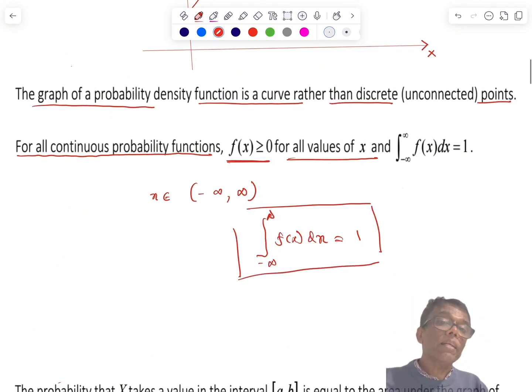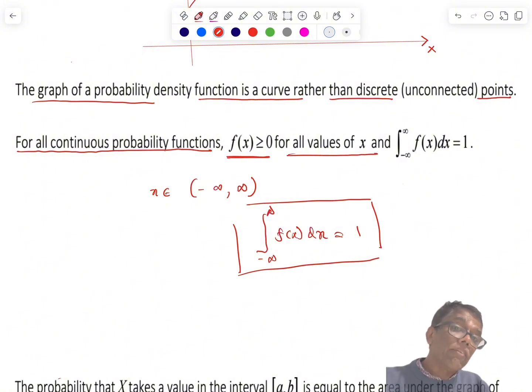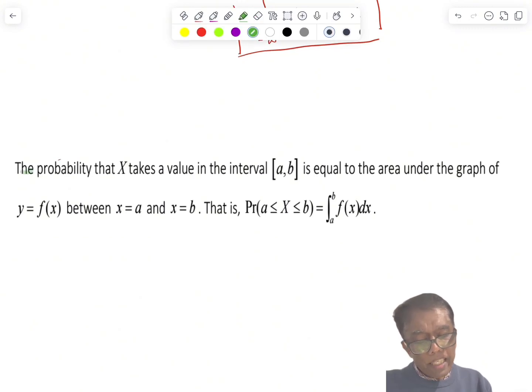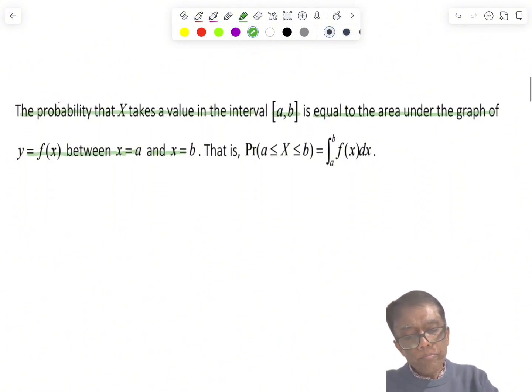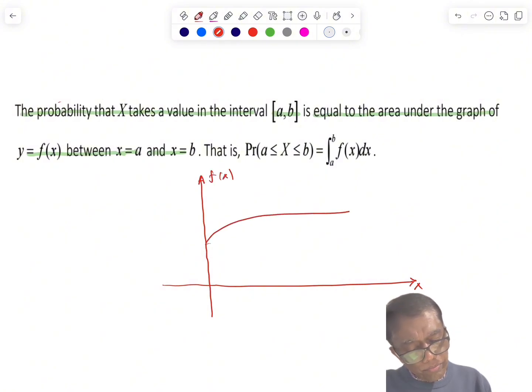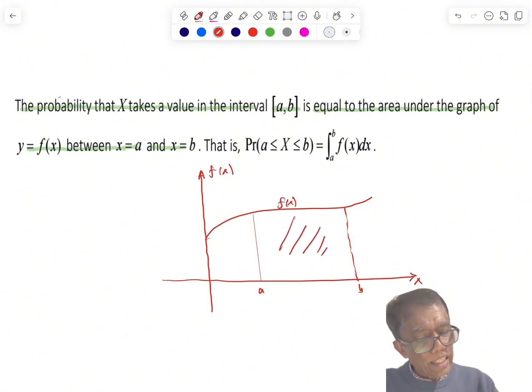If we want to find the probability in a given interval, we have to integrate the function within that limit, such as the probability that X takes the interval A to B is equal to the area under the graph y equals f of x from x equals A to x equals B. If I draw the graph f of x, defined from A to B, the area under the curve is the integral from A to B of f of x dx.